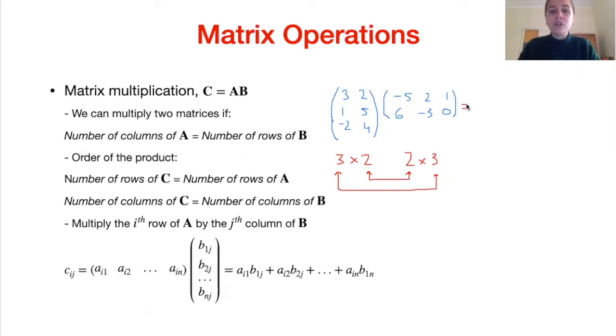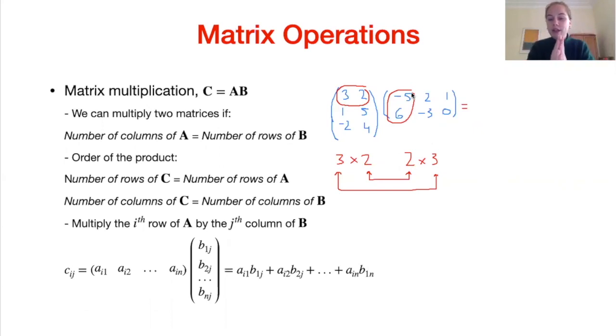Well, how did we do that? Okay, we had to multiply the ith row of A by the jth column of B. So let's take this first row, and we need to multiply that by the first column of B. And as I said before, just imagine flipping that first row of matrix A by 90 degrees in a clockwise direction.